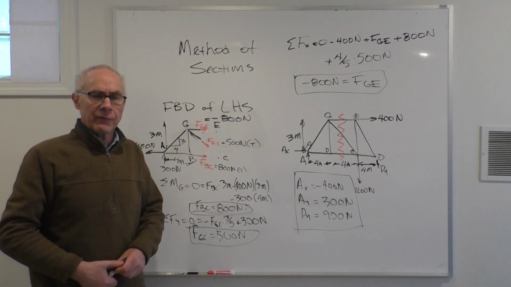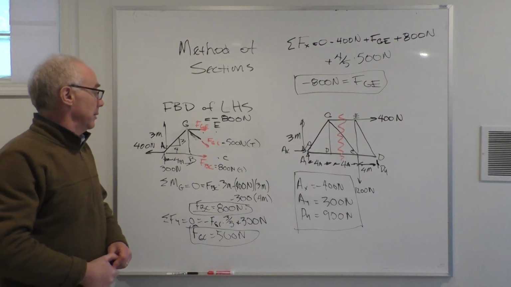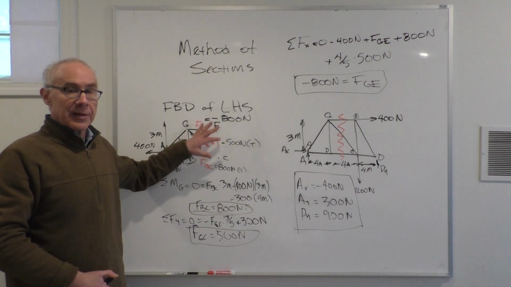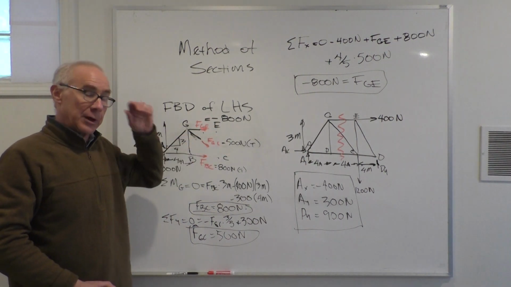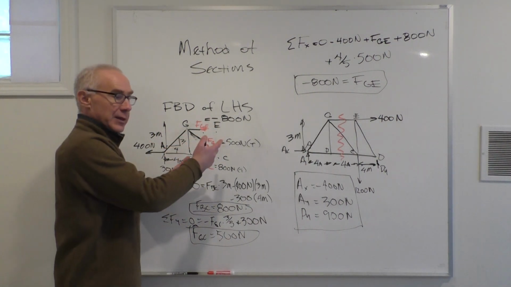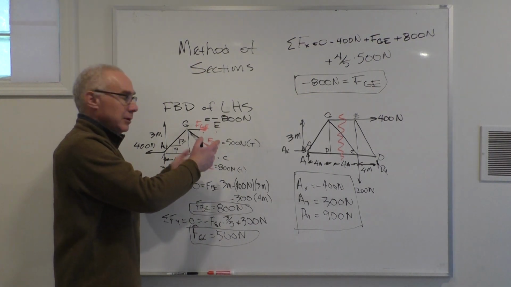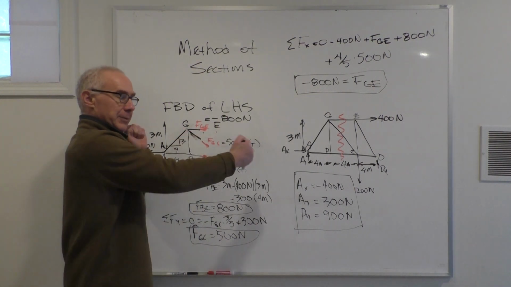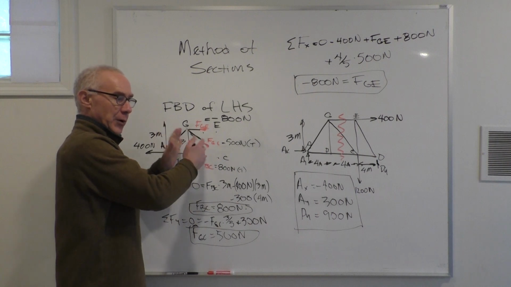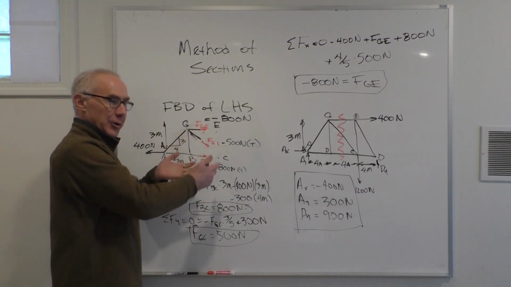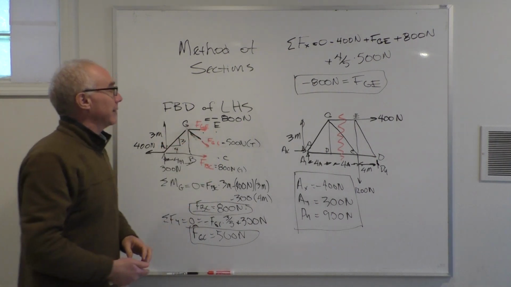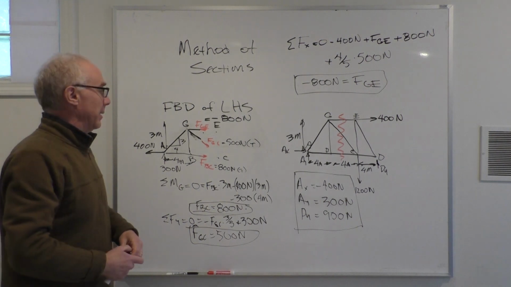Then you can solve for those internal forces as if they were external forces, because those forces are what's needed to support this thing when you essentially rip the truss apart. Those forces still have to be there to hold the truss up. Okay, so that's what we did, and that's the thought process behind this.